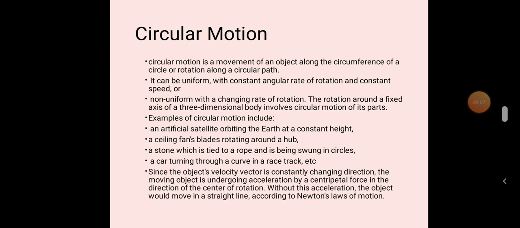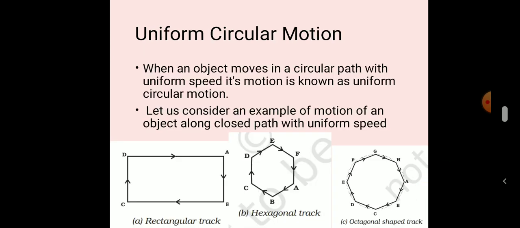So let us understand uniform circular motion in detail. When the velocity of an object changes, we say that the object is accelerating.